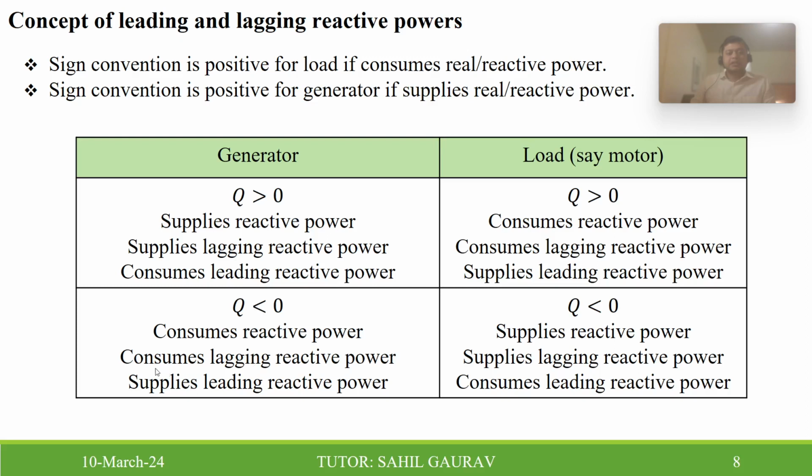It also means that it consumes lagging reactive power, and just reversing consumption with supply, and lagging with leading, it supplies leading reactive power. And for load you have to just reverse the things.